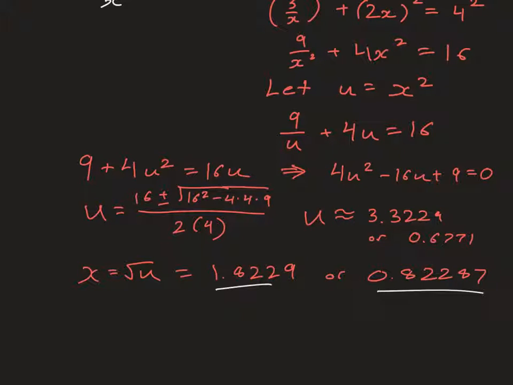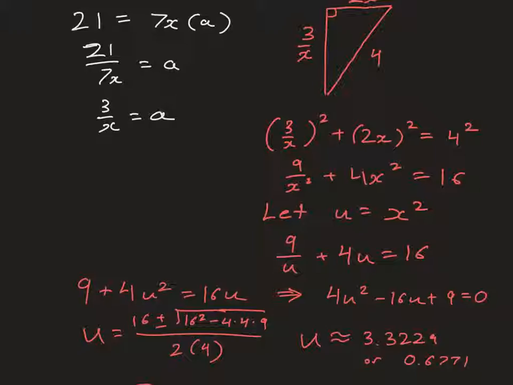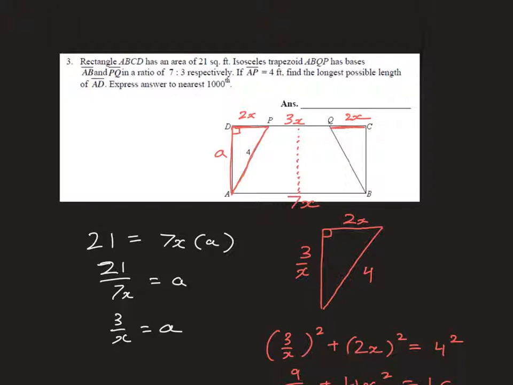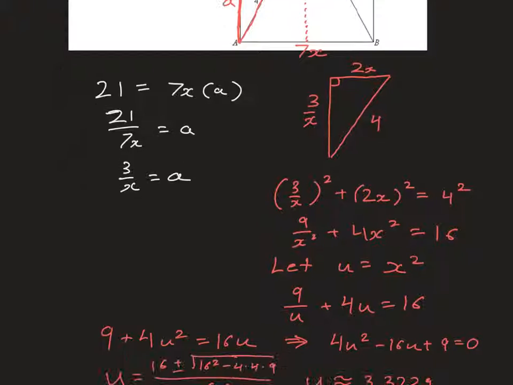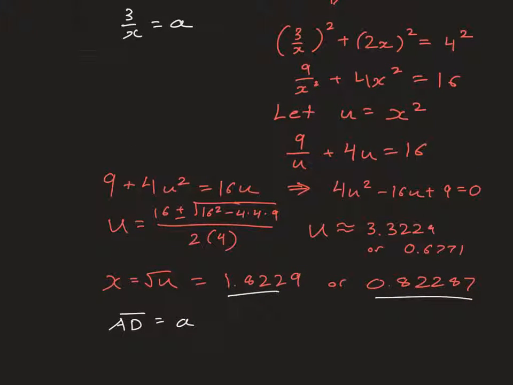But the length of AD equals A if we look at the diagram. This length is AD, and we called it A. And the problem wants us to find the longest possible length of AD. So that's 3 over x.